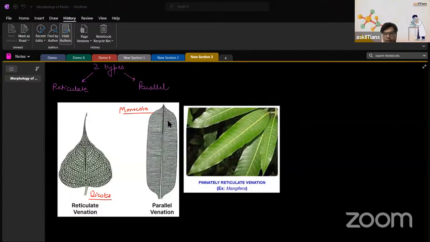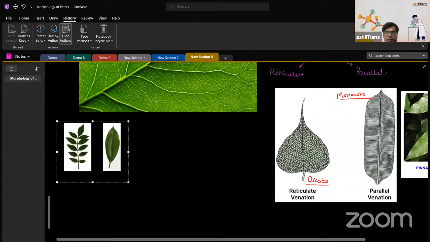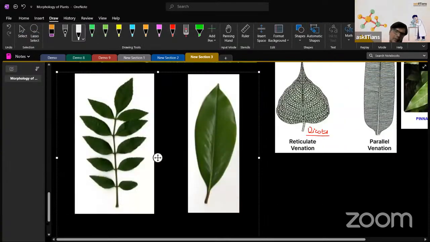Yes, I have found one. Let's paste it right here. So as you can see here, we have one. This is the compound leaf, and this is a simple leaf.